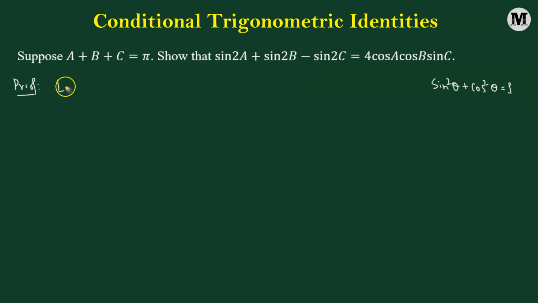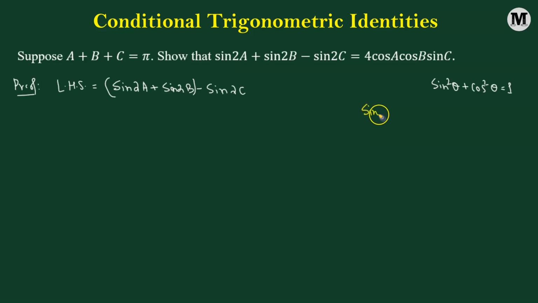Okay, so we're going to start our proof from the left hand side. On the left hand side, we have sine of 2a added to sine of 2b minus sine of 2c. Here we're going to combine the first two trig functions, sine of 2a and sine of 2b, by taking help of the formula.